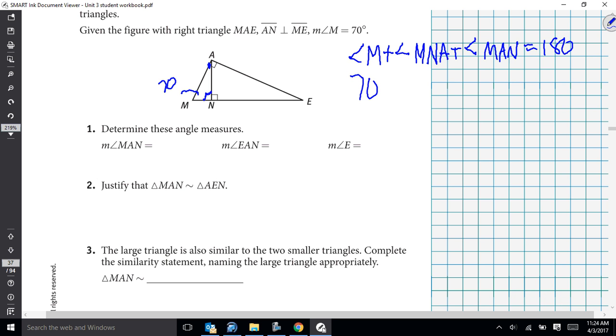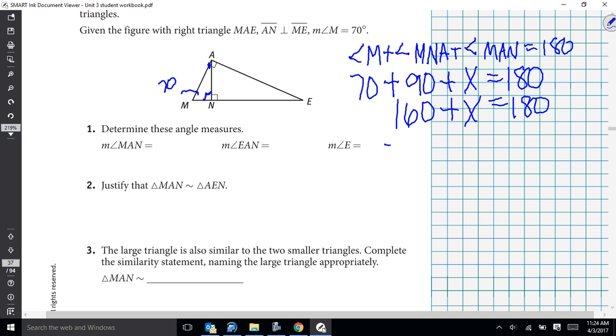We know this one is 70 degrees. We know this one is 90 degrees. So what is that missing angle? 70 plus 90 is how much? 160. Subtracting 160 from both sides, this angle up here is 20 degrees.